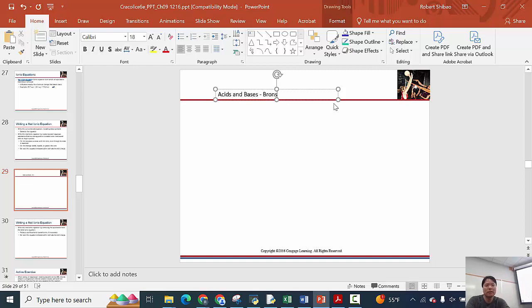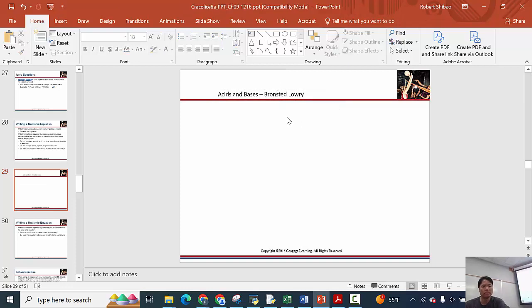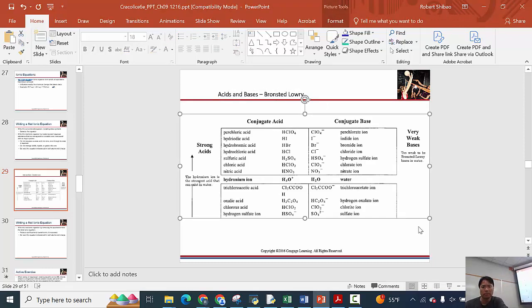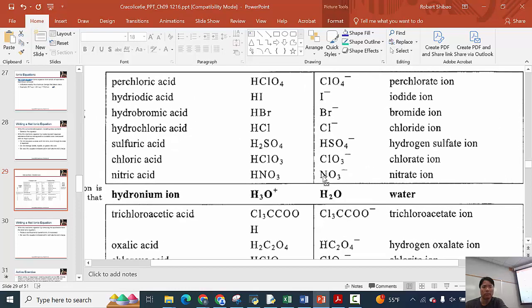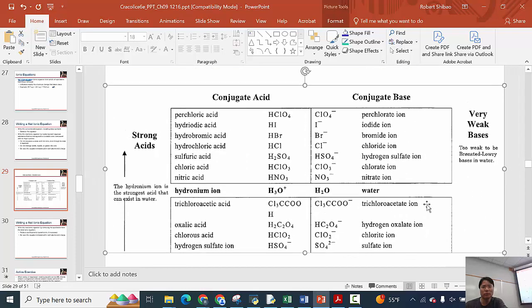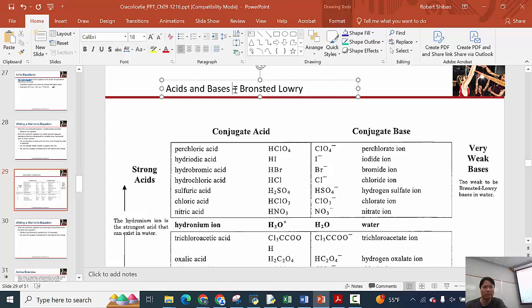These are Bronsted-Lowry acids and bases. They're two different people, but they're both given credit for this, so we hyphenate the name here. Bronsted-Lowry acids and bases.